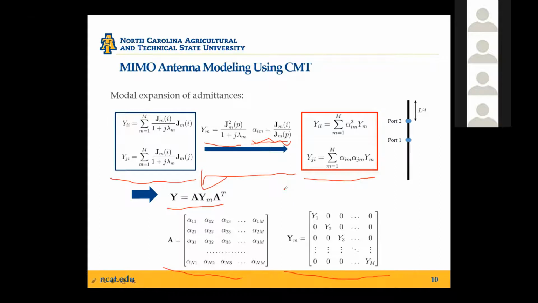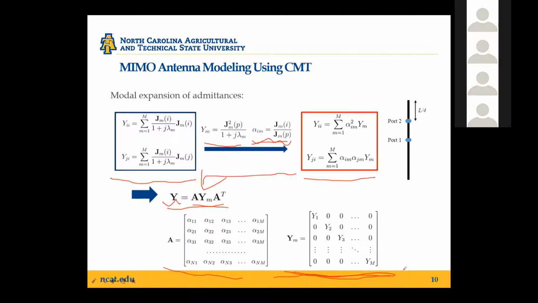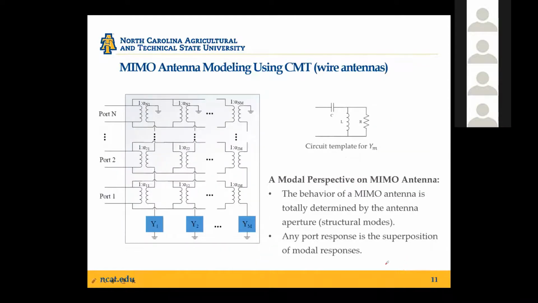So that's a pretty neat expression. That essentially says your antenna port response anywhere on the antenna aperture that you observe is essentially a transformation of the model response, which is the diagonal matrix here. And it turns out the transformation relation we arrived at here can be represented using a transformer bank.